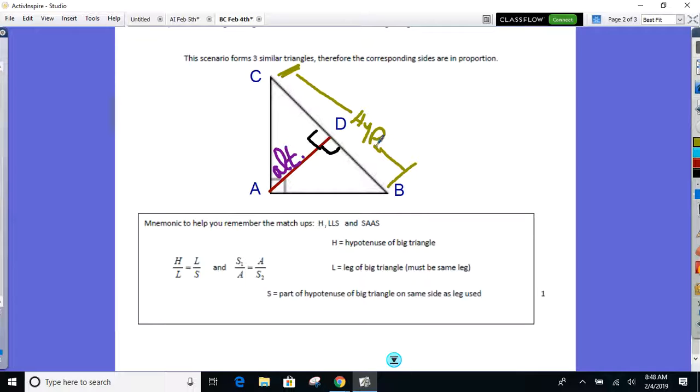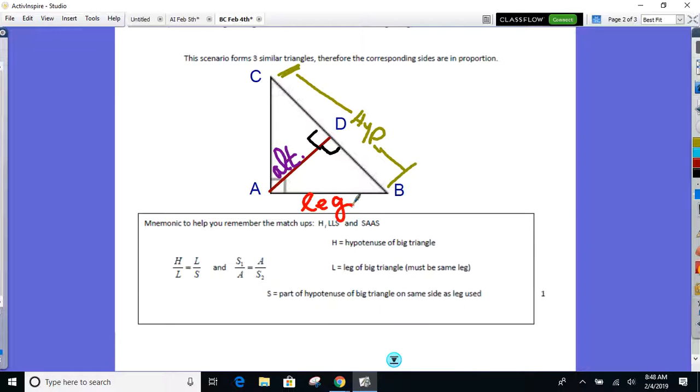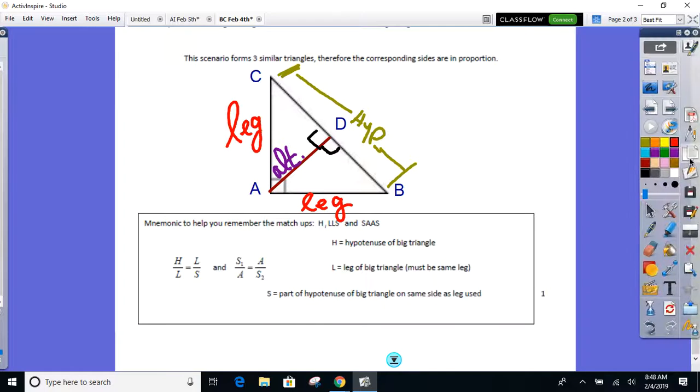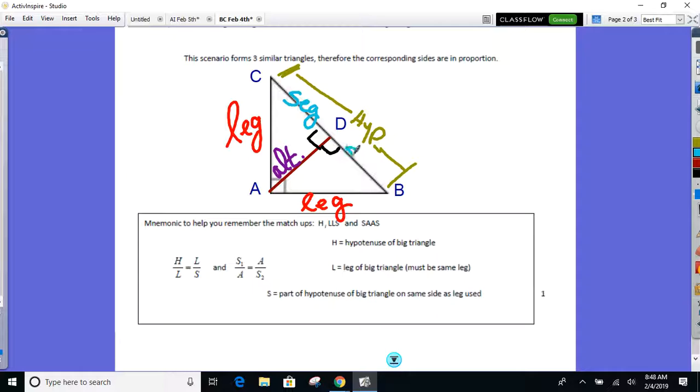That's the hypotenuse. How about AB? Yeah, if it's not the hypotenuse, it's got to be the leg. And the same thing could be said for CA, that is also a leg. There are two segments we have not labeled yet. And that is CD and DB, the ones the altitude broke the hypotenuse into. All we're going to refer to those two as are segments.